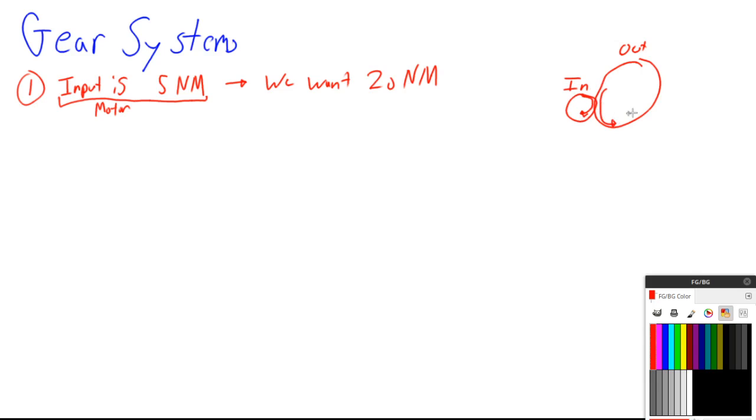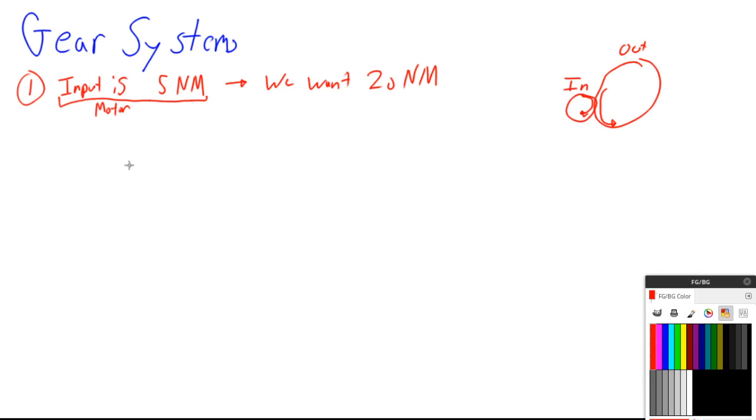It takes more turns to rotate this, so it's going to be slower, but you're also going to incrementally be moving whatever your load is much slower than if you were to be using this. And that's kind of how the whole torque thing works with these gear systems.